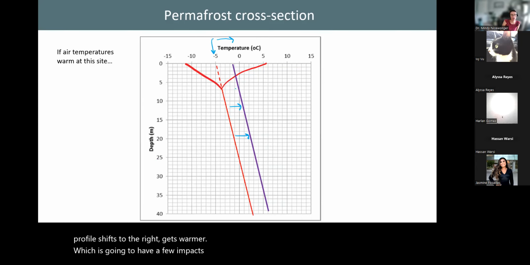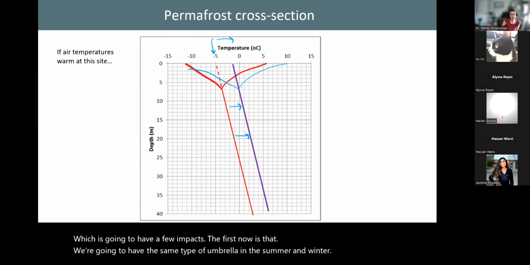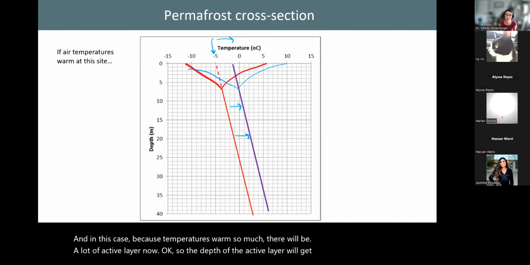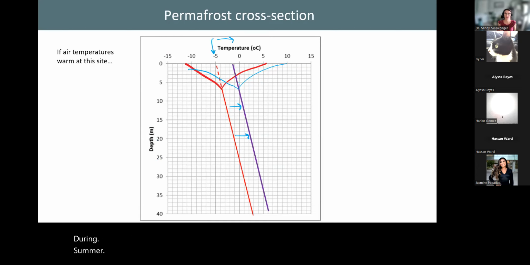We have the same type of umbrella in the summer and winter. Because temperatures warm so much, there will be a lot of active layer now. The depth of the active layer will get deeper during summer if air temperatures get warmer, and the base of the permafrost gets shallower.